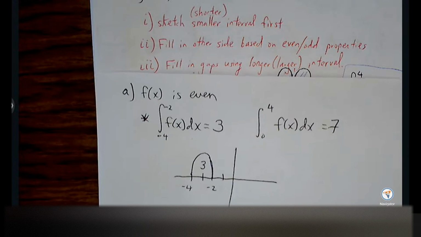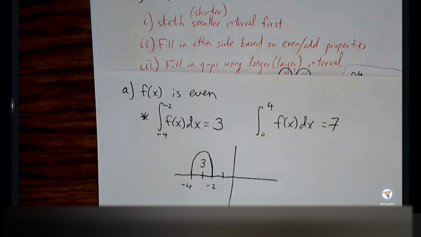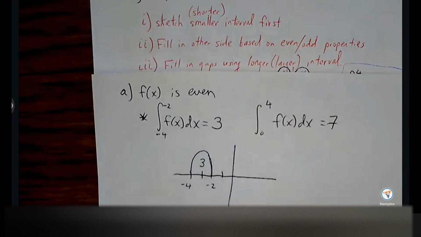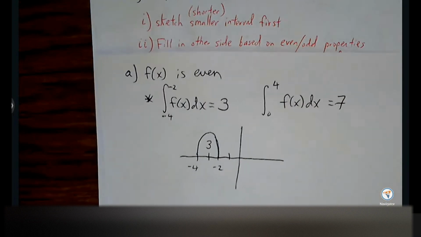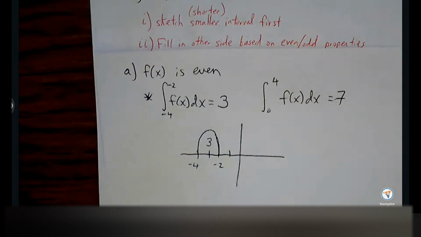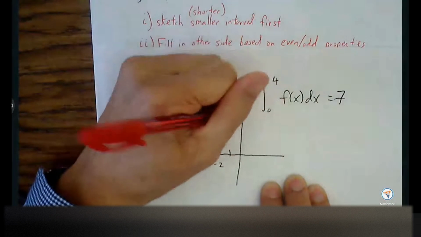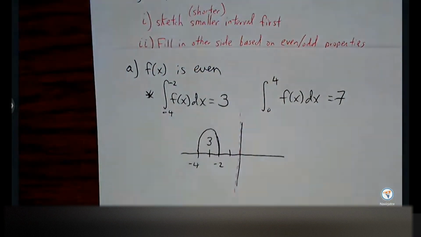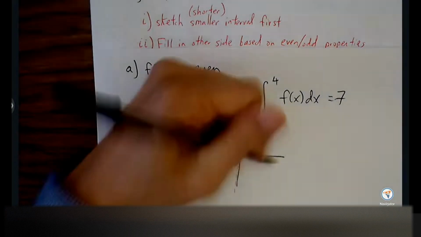Okay, so far? Now it's an even function, so let's not look at this yet. If it's an even function, what else can we put onto our graph? Okay, mirror image. So what also must be true? 2 to 4. 2 to 4.